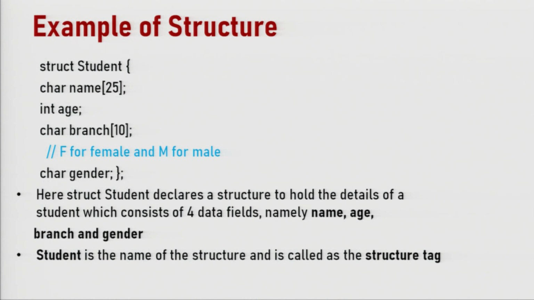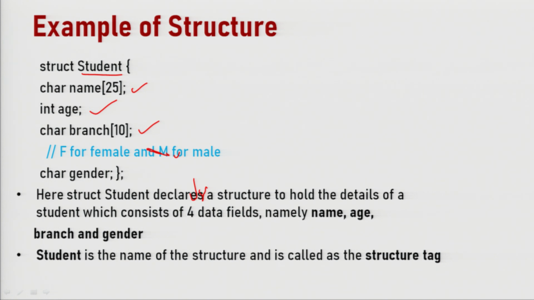Just see here, for example, we want to write the structure for student. So, struct, then the structure name is student, and within this curly bracket we have written 4 members. The first member is the character array, the name of the student. Then the age of the student, which is integer type.